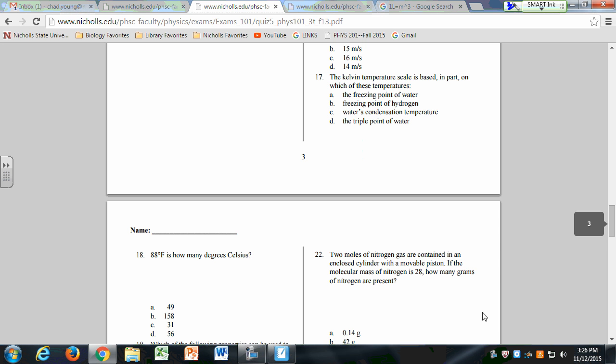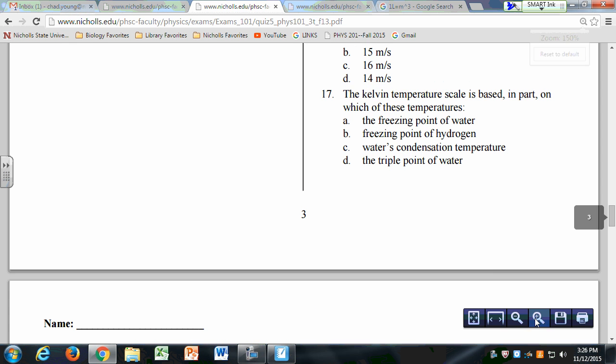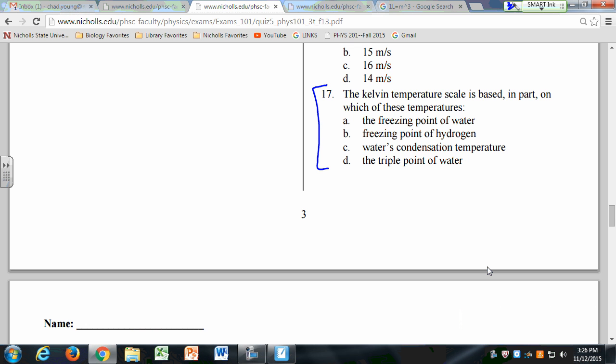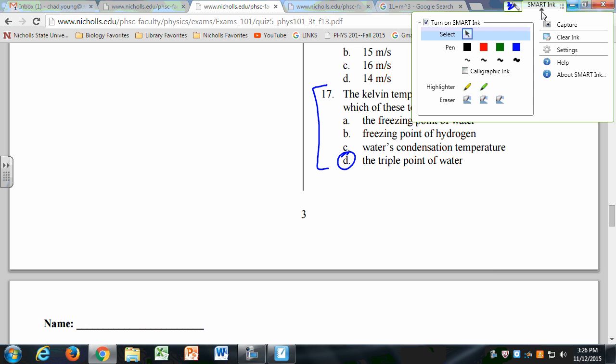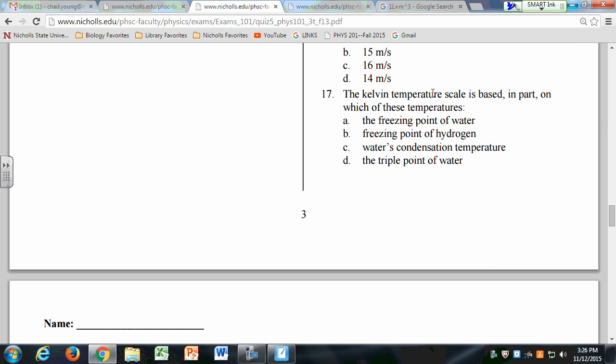Here's one, for example, about the temperature scales. The Kelvin temperature scale is based in part on which of these temperatures? Freezing point of water, freezing point of hydrogen? Right, and absolute zero. So just know what those scales are based on. If it said the Celsius temperature scale, it would be A, right?